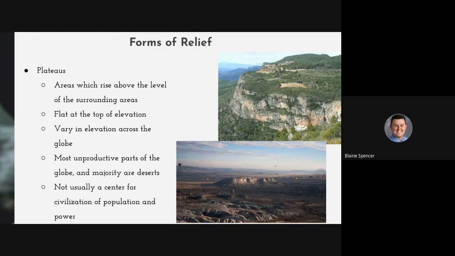But what also makes them unique is that at the top of the elevation, at the top of these hills or mountains, they are flat. If you look at these plateaus, they're flat. You can walk across them. You can live up there. If you've ever driven to Colorado and through the Panhandle, you probably saw some.